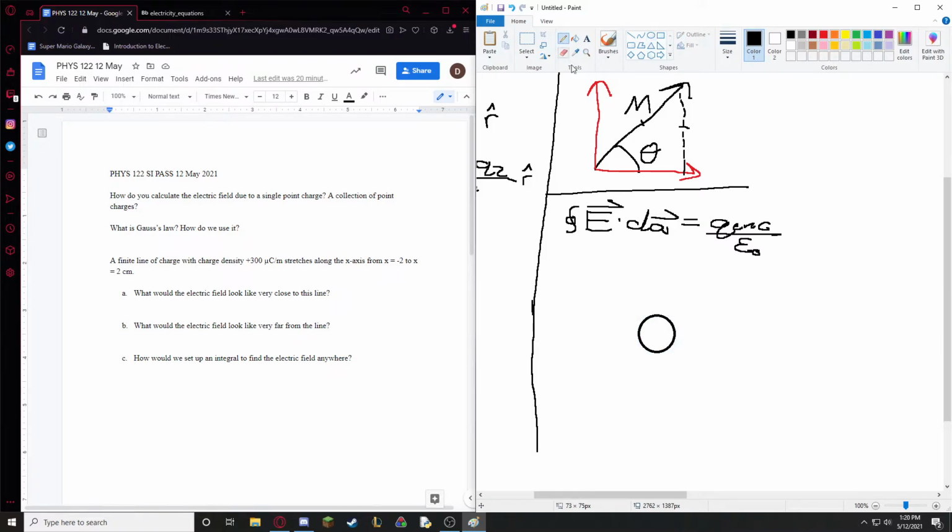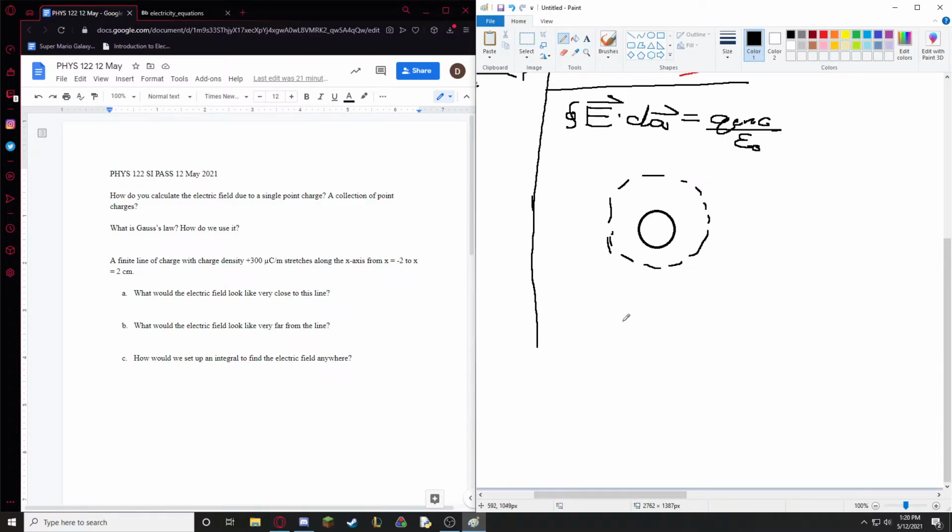So first of all, spherical. What does our Gaussian surface look like for a sphere of charge or a spherically symmetric situation? It would just be another sphere surrounding it. It's just going to look something like this. What about if we have a cylinder?